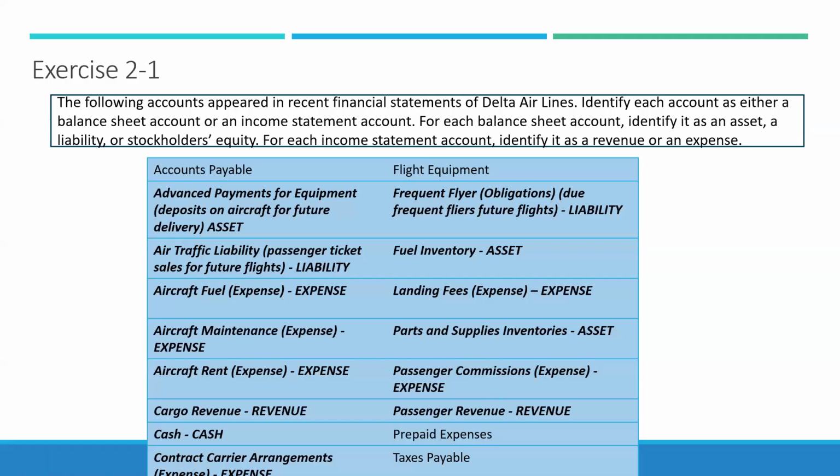This is one I need to tell you about. It says the word expense, but it's not. Any prepaid expenses are assets. What that means is you pay for something up front, but you haven't used it up yet. Just like supplies are a prepaid expense until you use them. Usually they say, apart from supplies, they say the word prepaid on it.